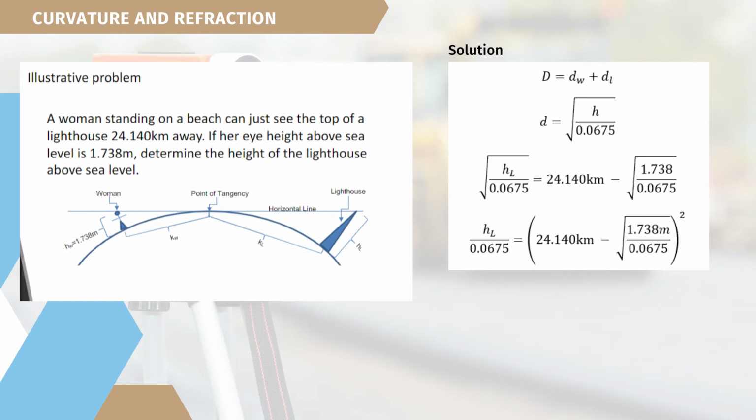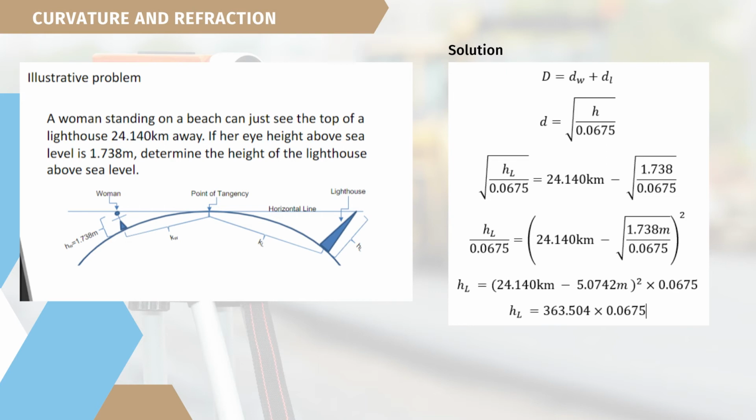Now we eliminate the square root by squaring both sides, where we have the height of the lighthouse divided by 0.0675 is equal to 24.140 kilometers minus the square root of 1.738 meters divided by 0.0675, squared.